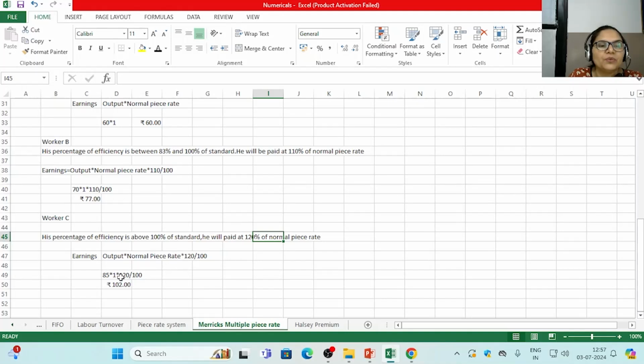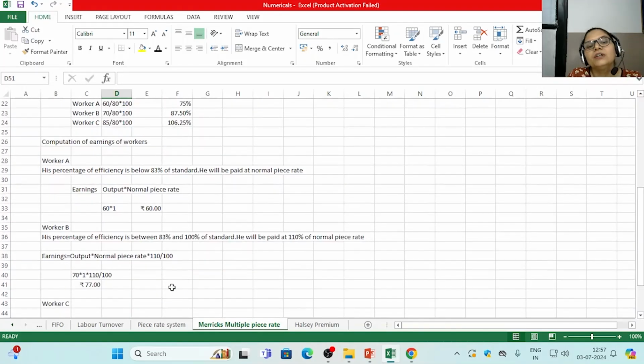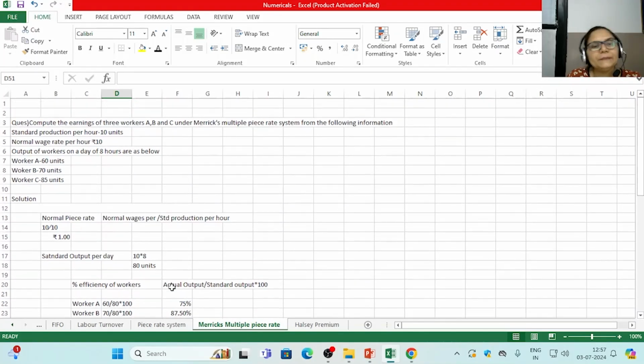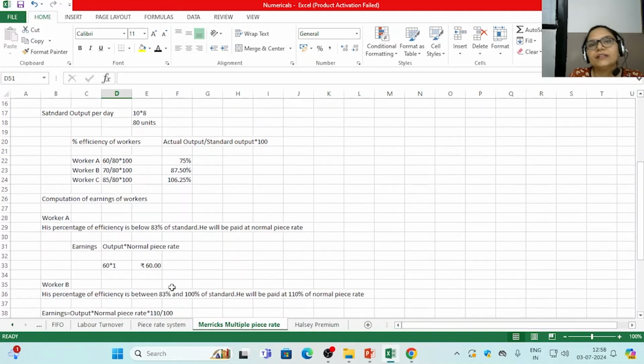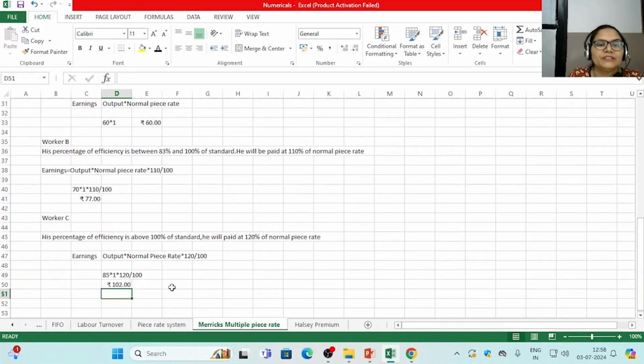So 85 into 1 into 120 by 100 will give you rupees 102. So in this system, we see that there is no severe punishment given to the workers who are underperforming, but they are being paid even at a normal rate, which is not done in case of Taylor's differential piece rate system. So this was all about Merrick's multiple piece rate system.